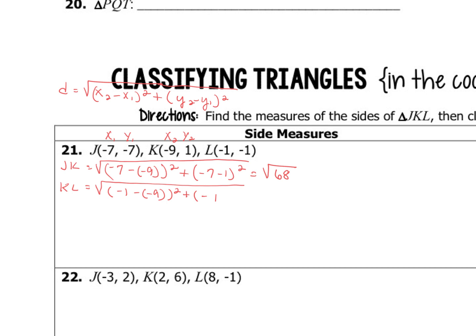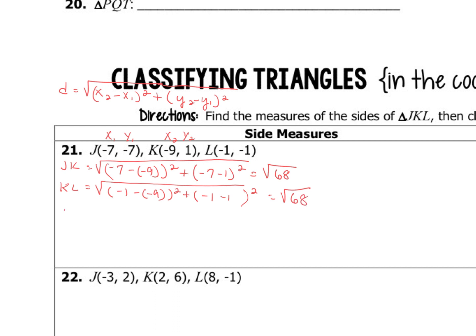It's just +1. Let me erase that. Which is 1 minus -1. Okay, y'all got this right. Quantity squared. -1 minus 1. I have this backwards. And it really isn't going to make a difference because when you put it in the calculator, you're still going to square it. So, which is y2, which would be -1 minus 1 quantity squared. And that's going to equal the square root of 68.